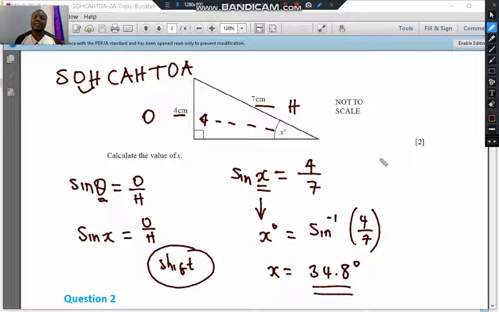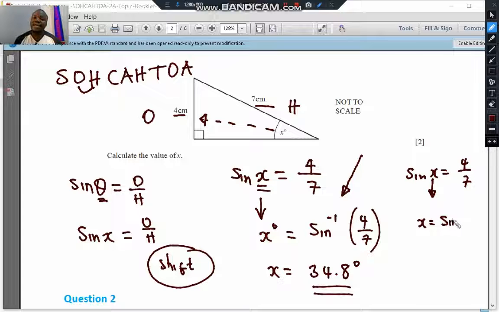So I'm going to emphasize the need to know how to do the inverse. So we've got sine x equals 4 over 7. This is not the value of the angle. To find the value of this angle here, we need to say x would be equal to the inverse of the function, which is sine now. So you are going to do shift or the second function and then press on the sine function.